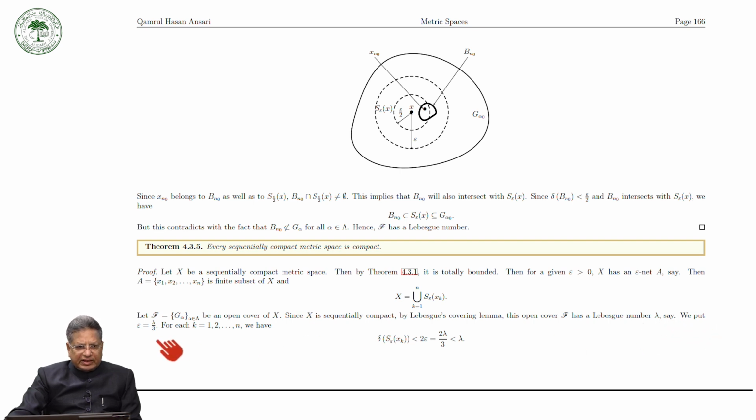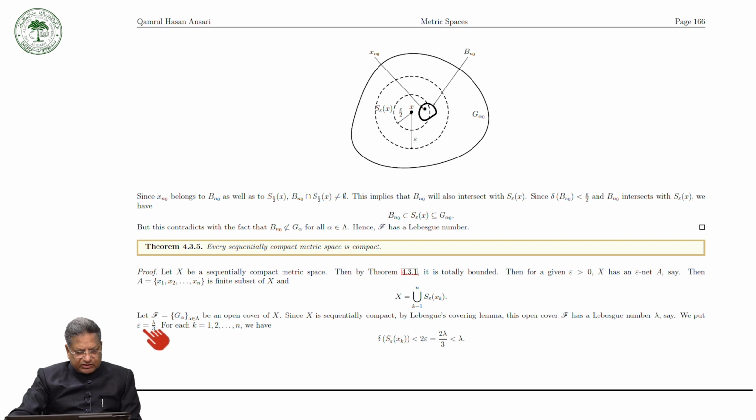We put epsilon equal to lambda by 3. So for each k running from 1 to n, we have the diameter of the ball, the open sphere with center at xk and radius epsilon, which should be less than 2 epsilon.